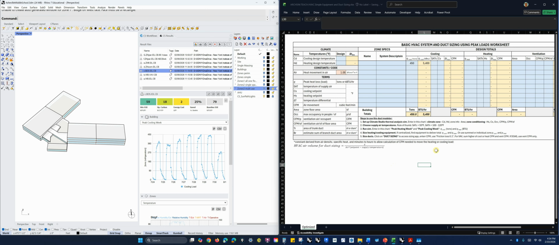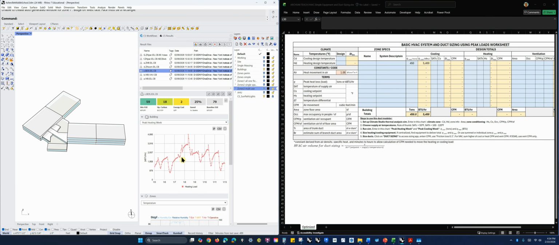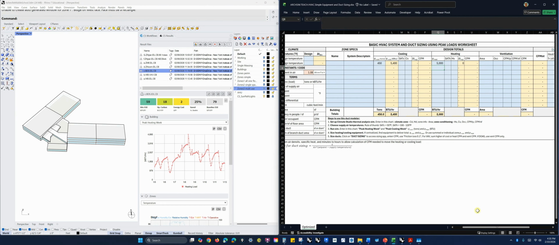We talked about that. So I've got 5,400 kilobtus of cooling peak, and my heating peak was 4,895. I'm even just going to put in 5,000 because I'm not trying to be super accurate here. And that's in kilobtus. So now we have our peak loads in.